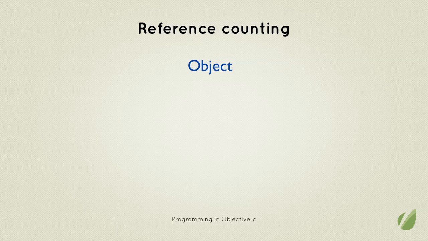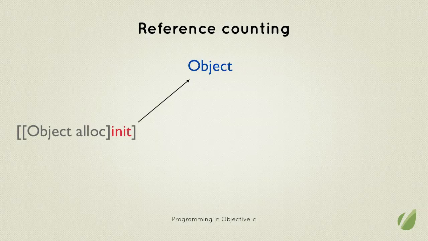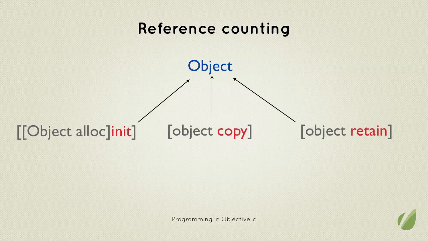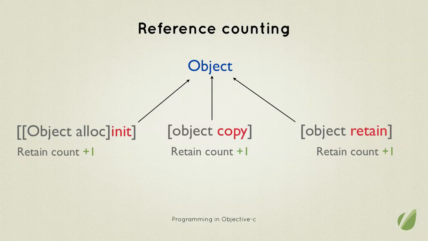When you create an object using the keyword new or init, or you send the message copy or retain to an existing object, the object becomes the owner of the memory that it points to, adding 1 to its retain count. In this example, the retain count is 3.